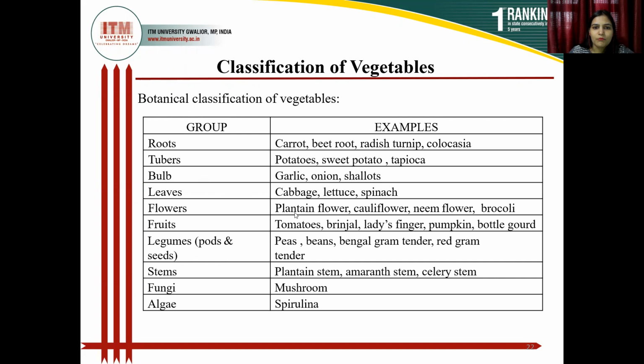Flowers: plantain flower, cauliflower, neem flower, and broccoli. Fruits: tomatoes, brinjal, ladyfinger, pumpkin, bottle gourd. Legumes, pods and seeds: pea, beans, Bengal gram tender, red gram tender. Stems: plantain stems, amaranth stem, and celery stems. And fungi: mushroom, and algae: spirulina.